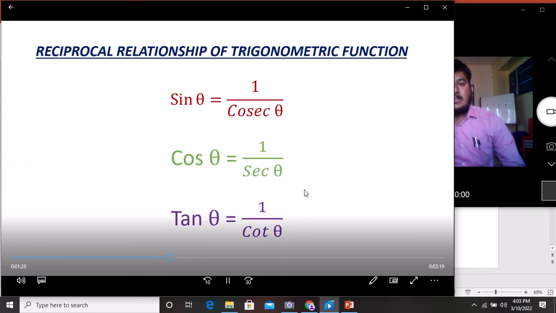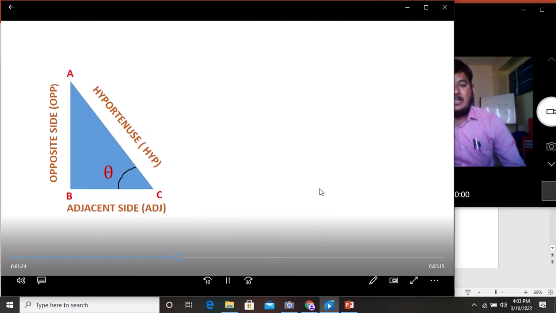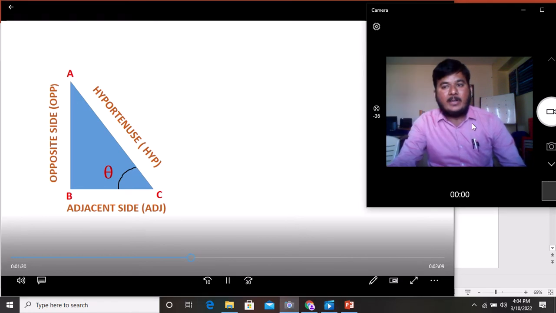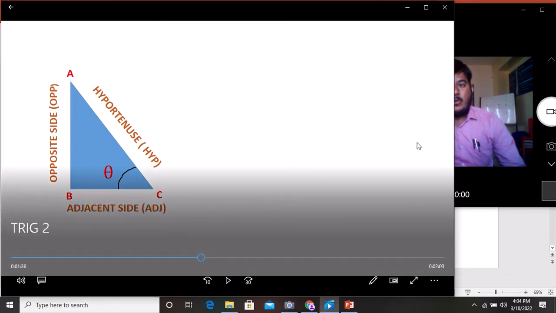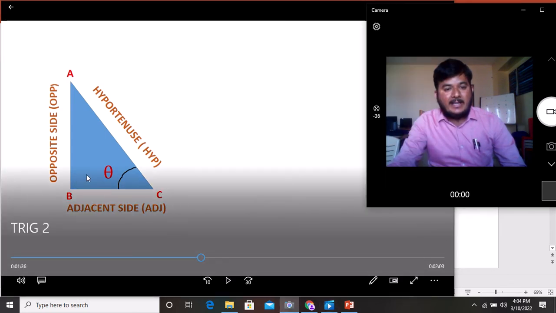Let's try to define these trigonometric functions by using a right angle triangle. Take the right angle triangle ABC. Here you know only one angle, this 90 degrees.